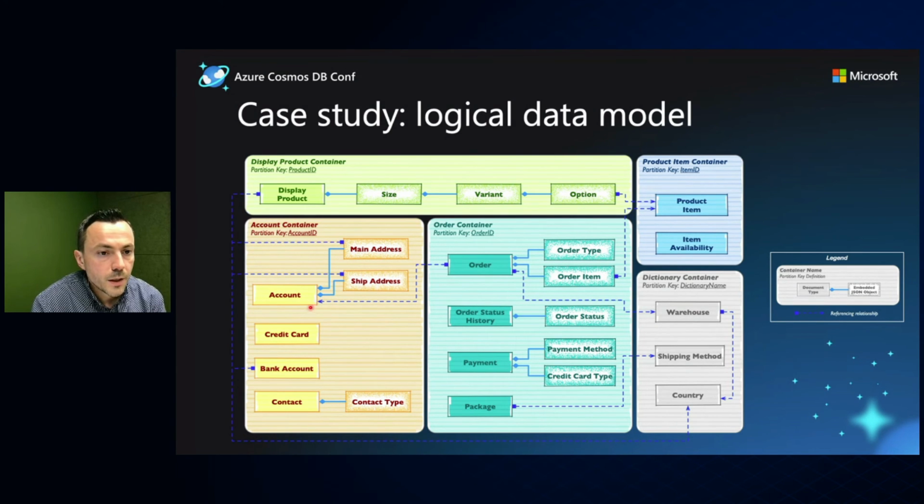So we embed ship address and main address inside the account document type, inside the JSON with account. Similarly, contact type we embed into contact. And the last piece, you can see this dashed arrow. It's a referencing relationship. Inside display product, we can just store the country ID. So in such a case, you can see how we came to the logical data model.